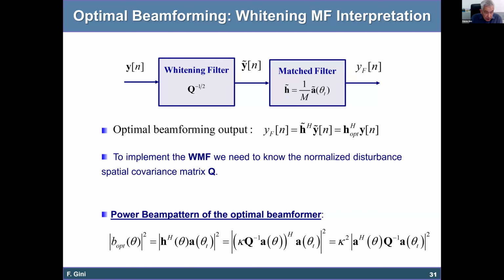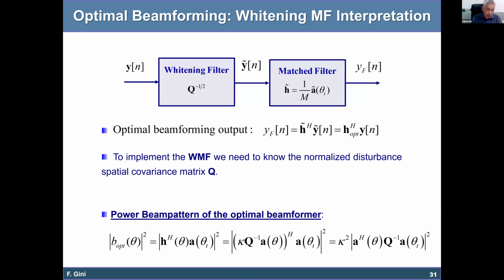Okay, so we understood that the classical beamformer can be interpreted as a matched filter, which is optimal in white disturbance. The optimal clairvoyant beamformer can be interpreted as a whitening matched filter.